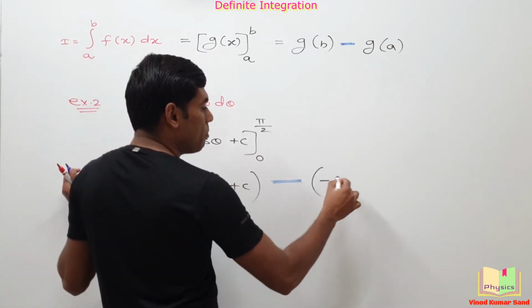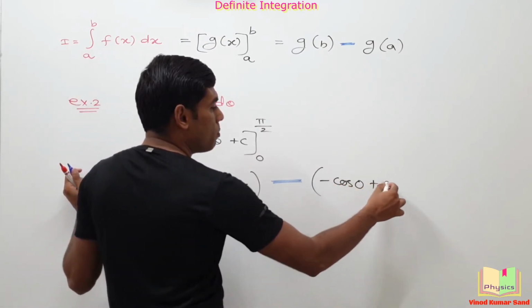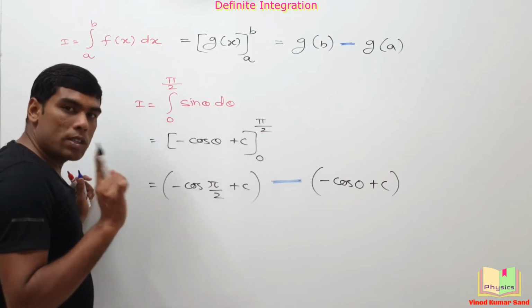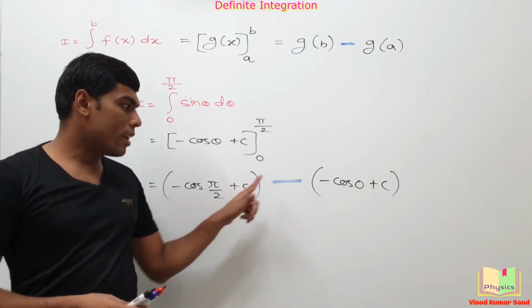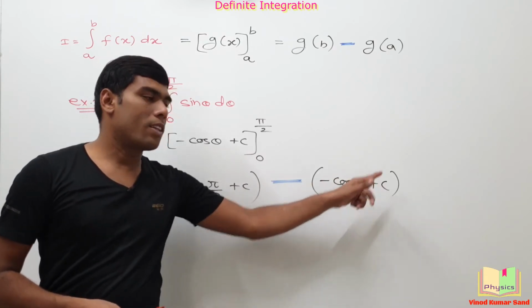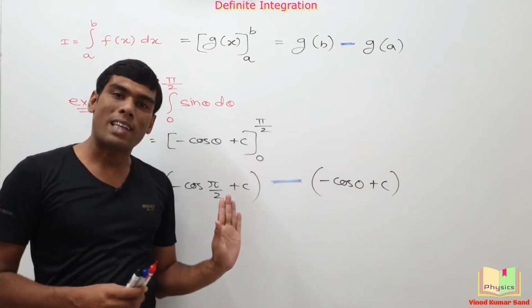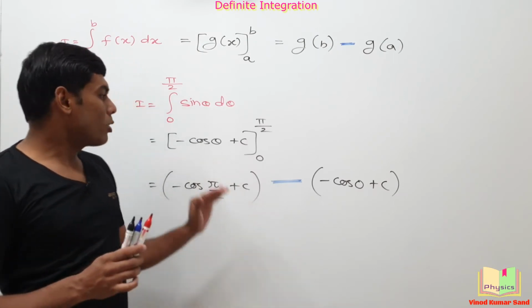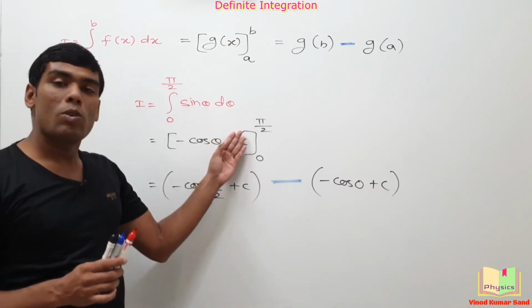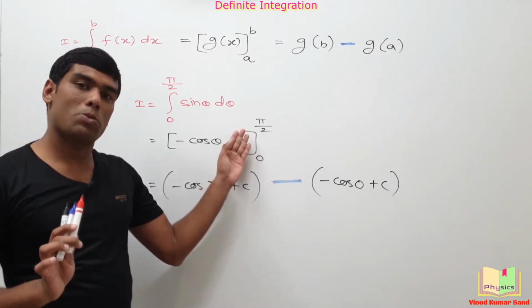So this will become minus cos 0 plus c. You can see one thing pretty clearly, that c here and this minus c will ultimately get cancelled out. They will not appear in the final answer. That's why to make the calculation simple, you can skip the c in the initial steps.